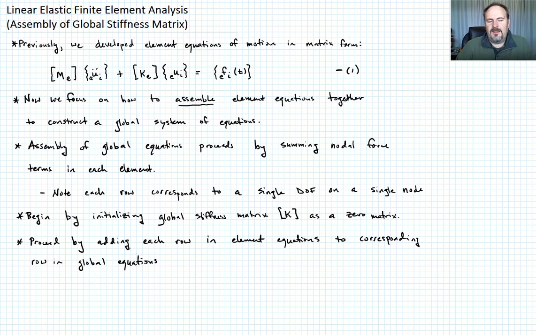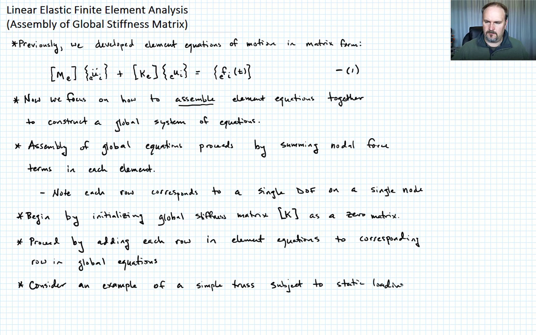Okay, so that is the answer, but I think sometimes it's a little confusing just to see it written down. So let's go through a really simple example about how we go about doing this. Okay? So let's go ahead and consider an example of a simple truss subject to just static loading.